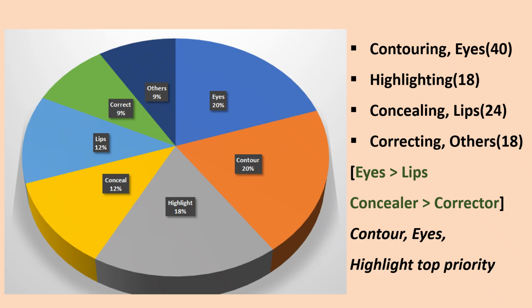That means the order is corrector, then foundation, then concealer. So at the time of applying corrector, you will have to know which areas require corrector and which do not, where you can do with concealer. In advance, foresightedness. When I am doing it, at that time I should know that these areas require corrector.